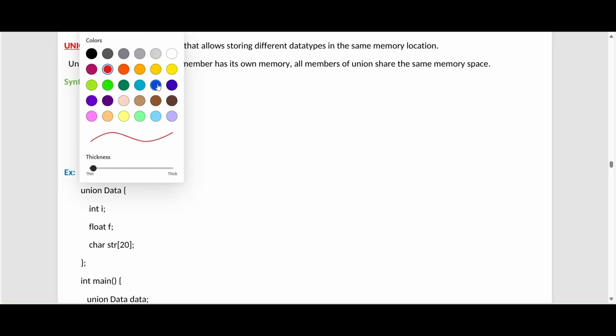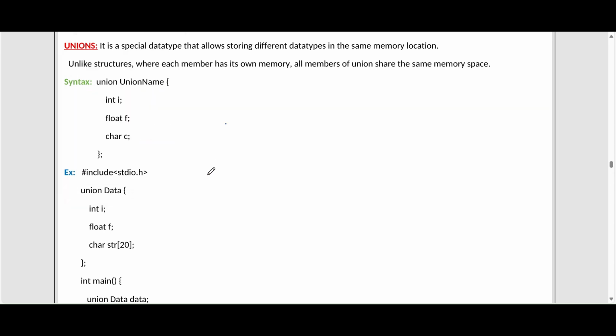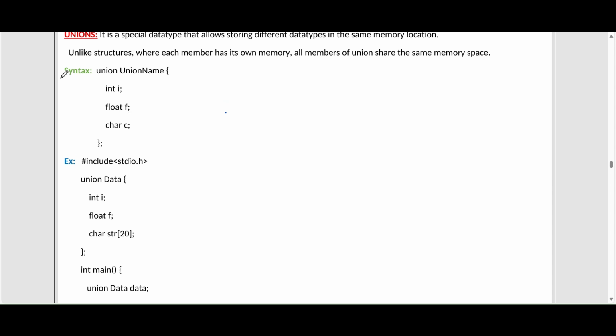After this, let's see the syntax. This is the same as the structure syntax. In place of struct we use union, followed by the union name, which is a variable name. We all know the rules to create a variable, right?